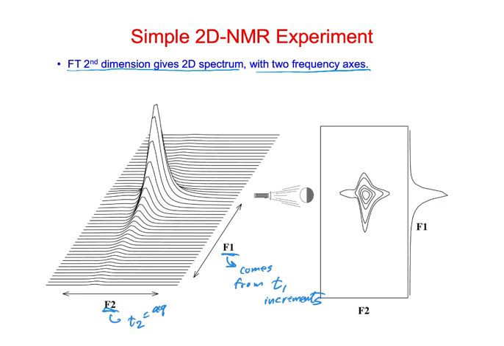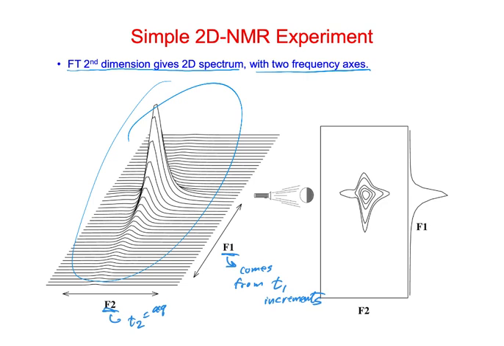Okay? So typically, we don't look at the spectrum like this. I remember always seeing spectra that are looked at an angle like this, and they look kind of cool, but they're not very useful, right?